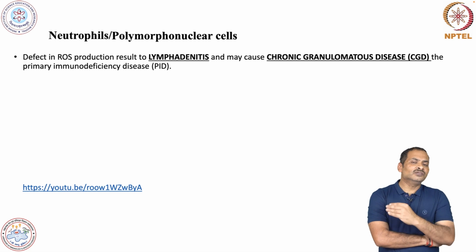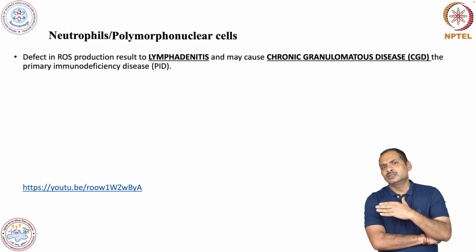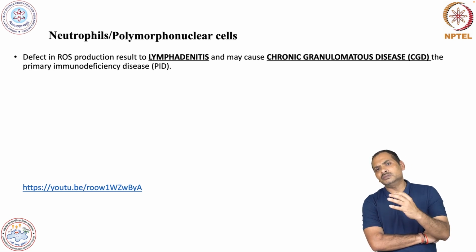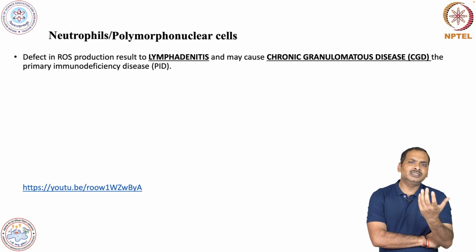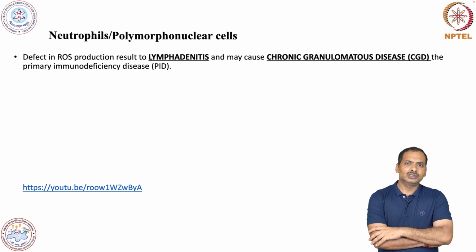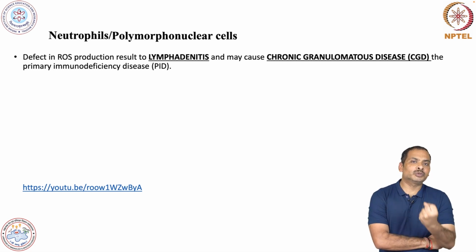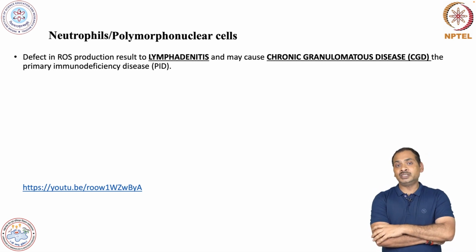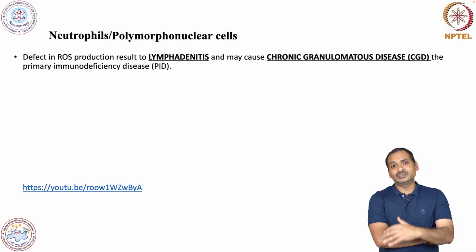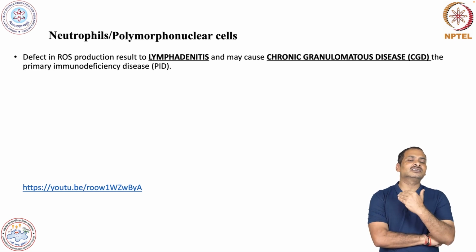Because in the lymph node, the pathogen is not cleared. As you remember from the previous session, I told you that the pathogen or antigen will be transported to the lymph node. Okay. And over there an appropriate immune response should be activated, and then there should be clearance of that pathogen, right. But since the pathogen is not cleared, it will go to the lymph node, and that causes problems in the lymph node.